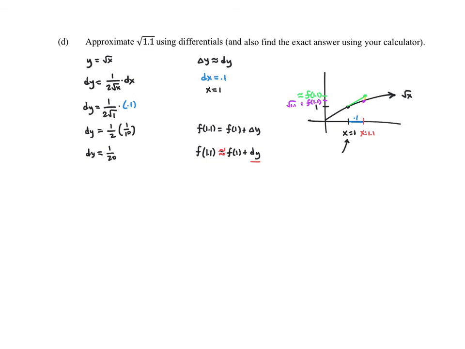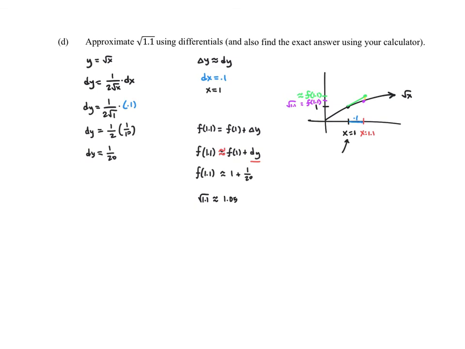So the square root of 1.1, or f of 1.1, is going to be approximately equal to 1 plus 1/20th. f of 1 was the square root of 1, which is 1. So I'm going to approximate that the square root of 1.1 is 21/20ths, or 1.05. All right, let's use the calculator now.